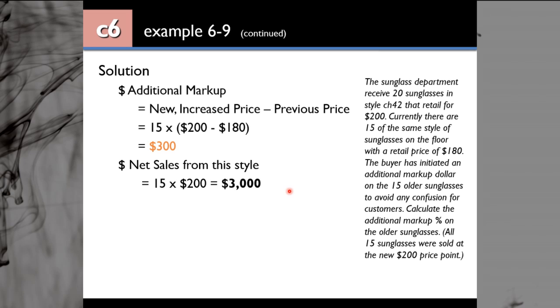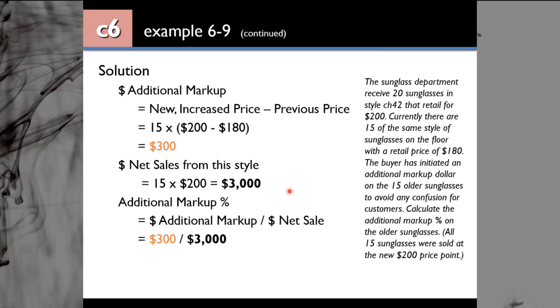That will be dollar additional markup divided by dollar net sales. So that will be 300 divided by 3,000. So how much will the additional markup percent be? Your additional markup percent will be 10%. Okay, so now you have learned how to calculate net markdown and also how to calculate additional markup.